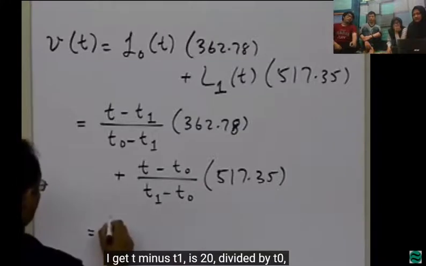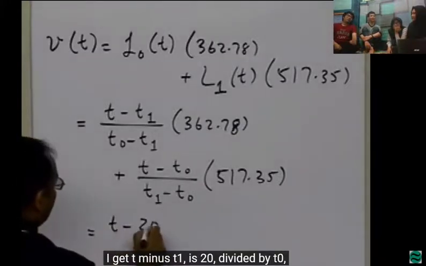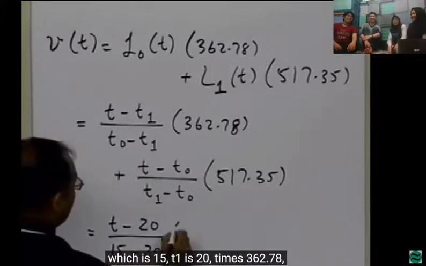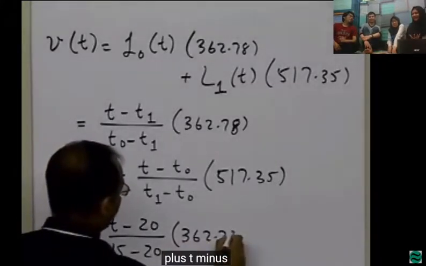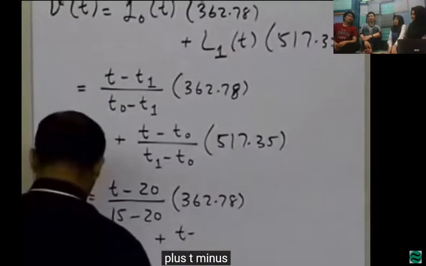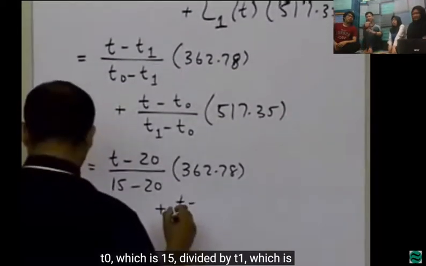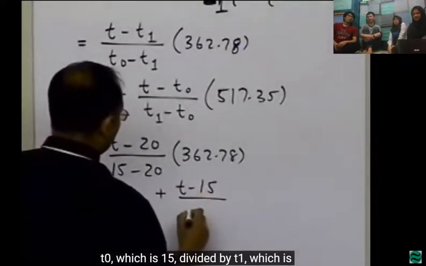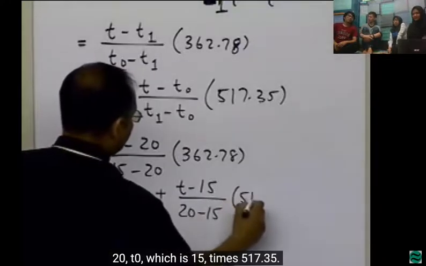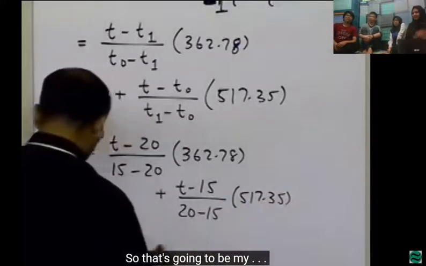I get t minus t1, which is 20, divided by t naught, which is 15, minus t1, which is 20, times 362.78, plus t minus t naught, which is 15, divided by t1, which is 20, minus t naught, which is 15, times 517.35.